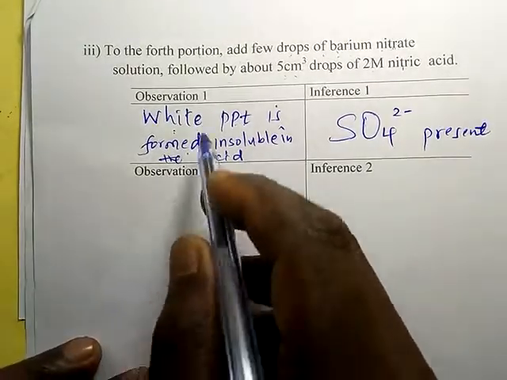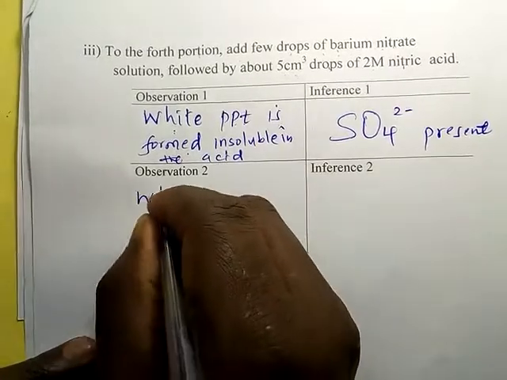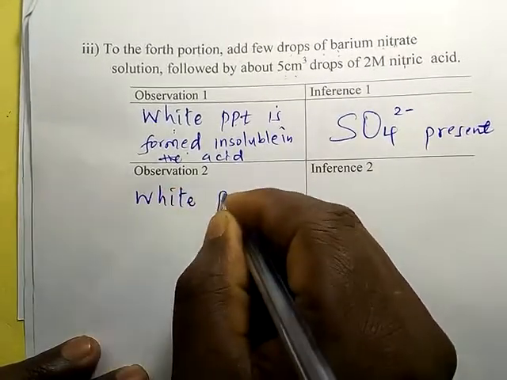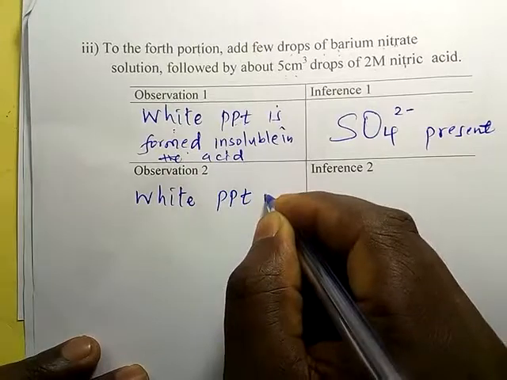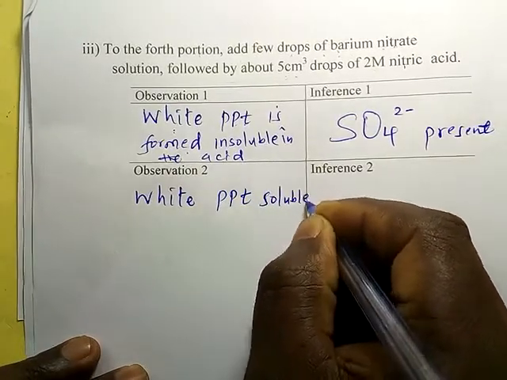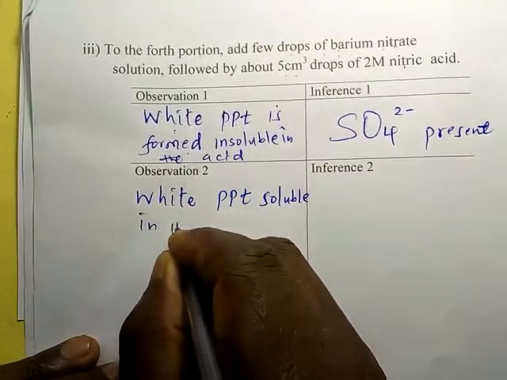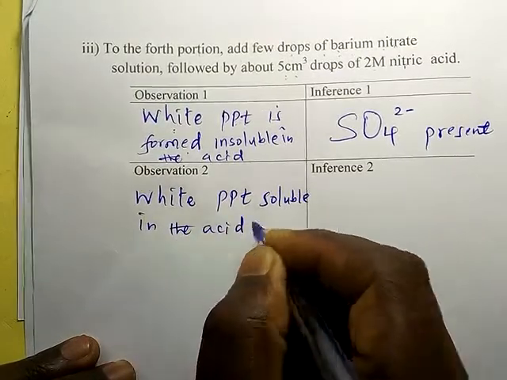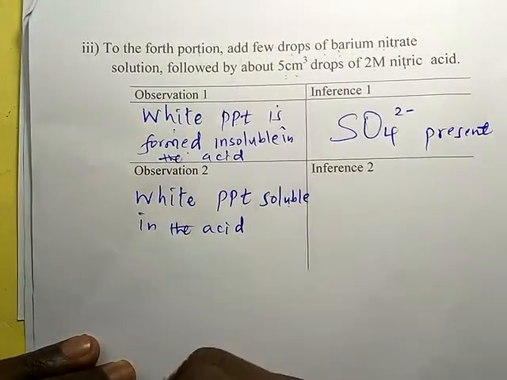Another observation we expect from the same is a white precipitate soluble in the acid to form a colorless solution.